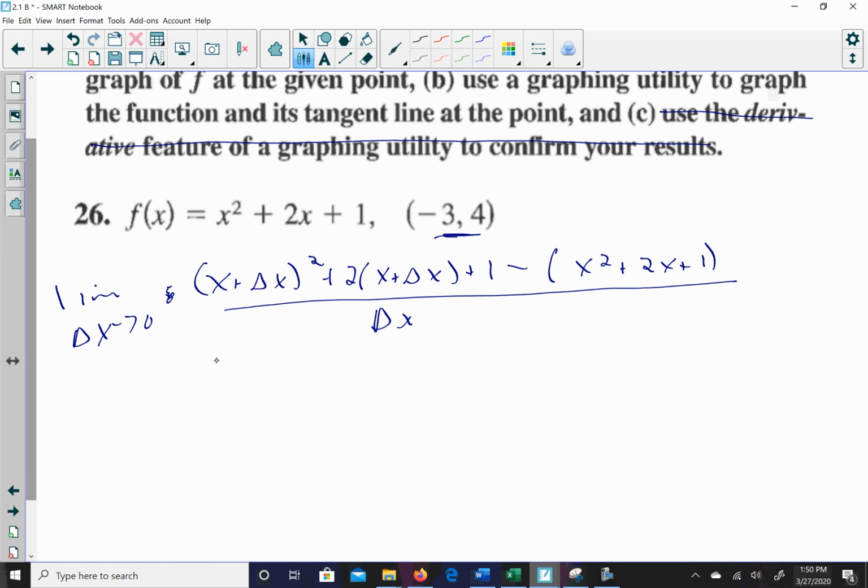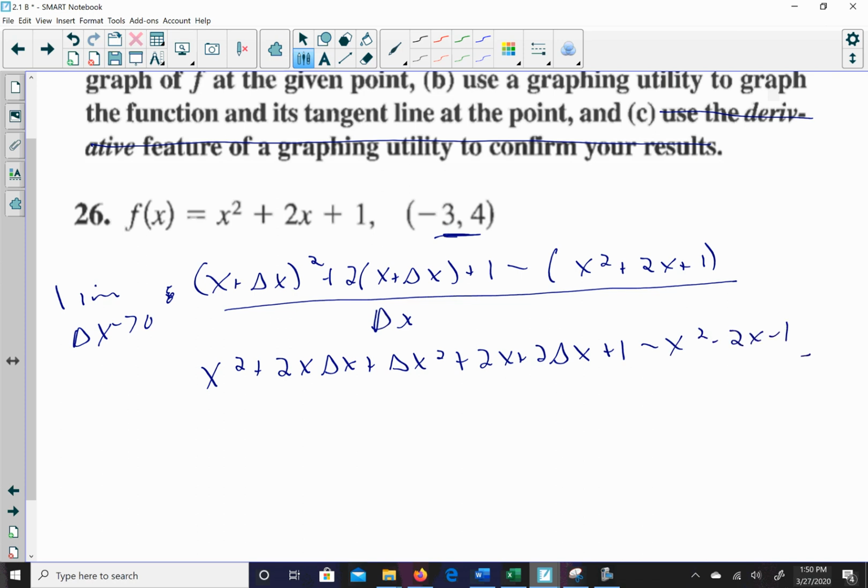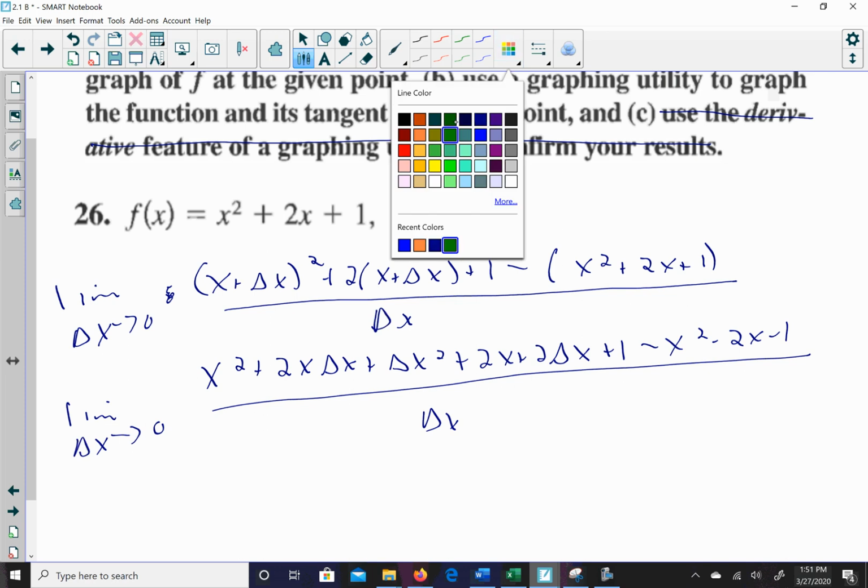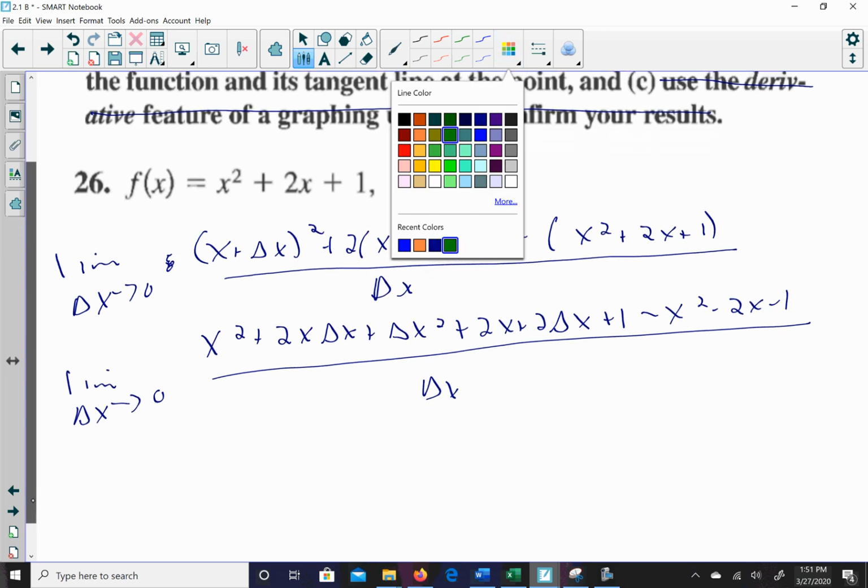So when I square this, I'm going to have x squared plus 2x delta x plus delta x squared, distributing the 2, plus 2x plus 2 delta x, and there's that plus 1, distributing the negative sign, minus x squared minus 2x minus 1. This is all over delta x, and I'm taking the limit as delta x approaches 0. I don't want to forget what I'm doing, so I like writing it every single time. Who am I kidding? I'm going to forget if you don't write it, so write it.